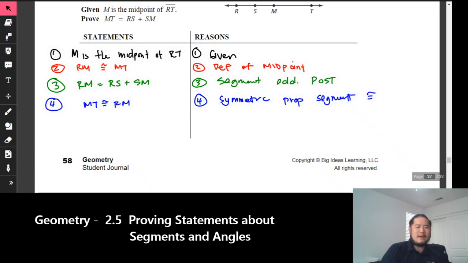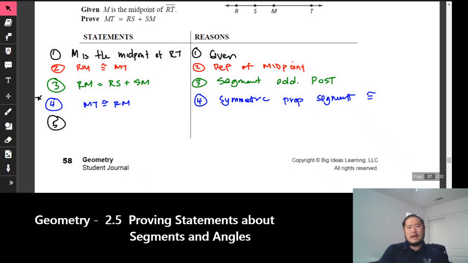You probably don't have to do this, because what I find that what we could get to our proven statement right here is this. So this statement 4, I think you probably don't have to do. If I were to grade this, if you added it, super. If you understand the symmetric property of segment congruence, super.